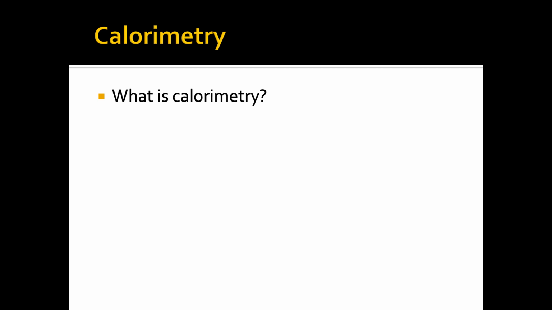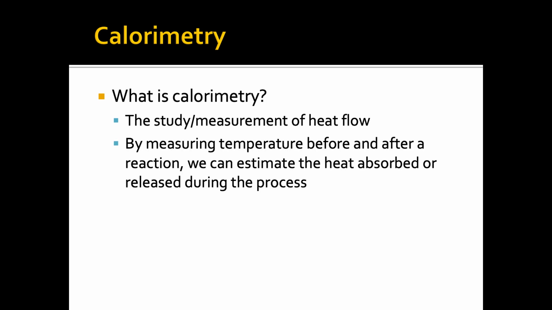Starting out with calorimetry, this is really what you were probably doing in lab the last week before we all left. That's really studying where energy is being transferred between hot and cold objects. So it's the study of heat flow. If we have energy flowing via heat from hot to cold objects, that means things are changing temperature, so there's always going to be a change in temperature involved.